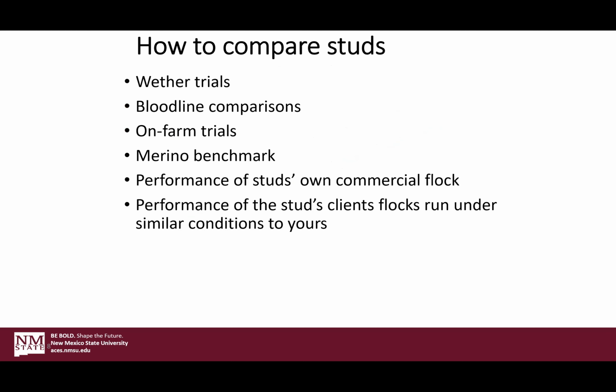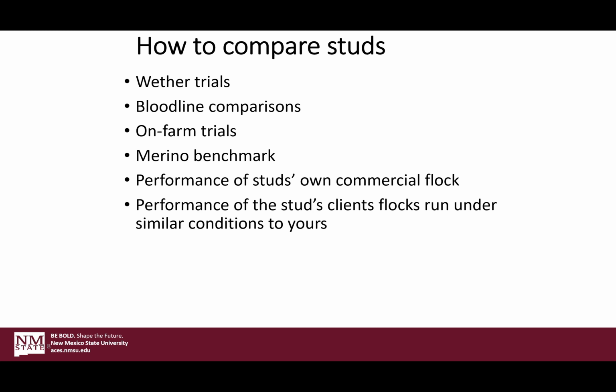So things that you would want to do is compare some information on your rams that you're looking to buy potentially. Now, it does, again, like I said, take a lot of homework on your part, or finding a breeder that's really open to giving you as much information as they can. So similar to the cattle industry, there's several things you can look for.